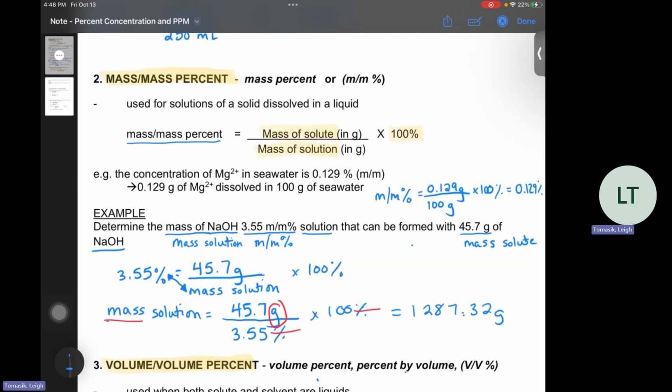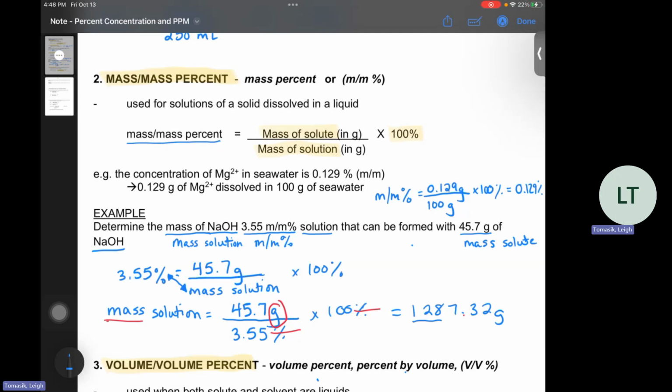This has too many sig figs. I only need 3 sig figs. But what do we do? Because I can't just write 128. 128 doesn't mean the same thing as 1,287. So how do I do this?